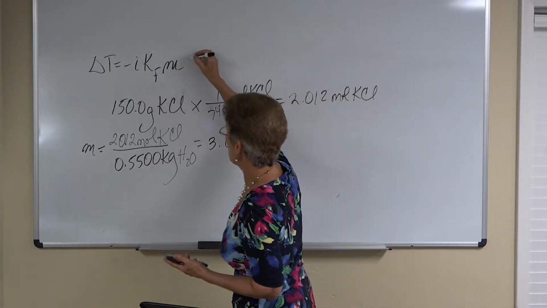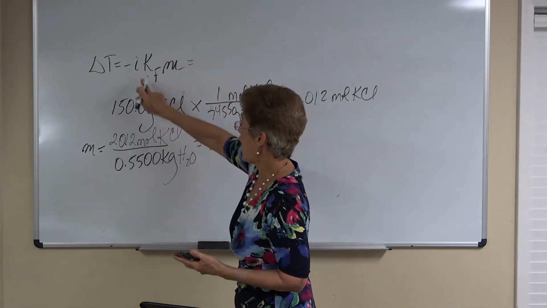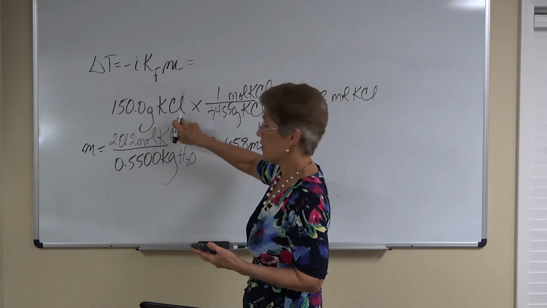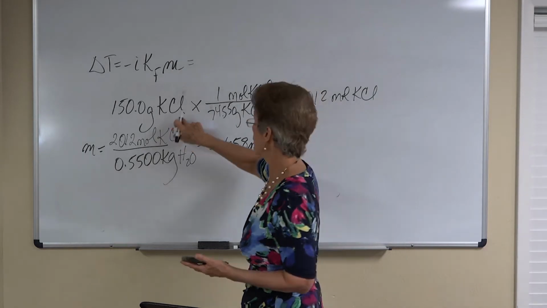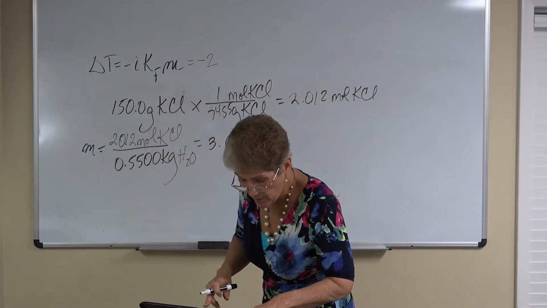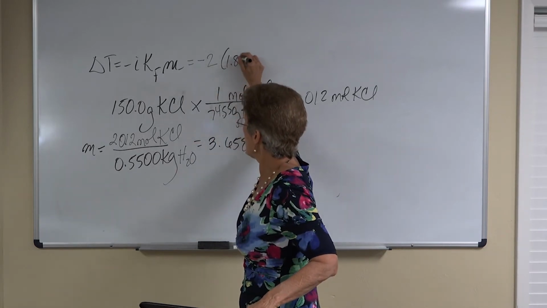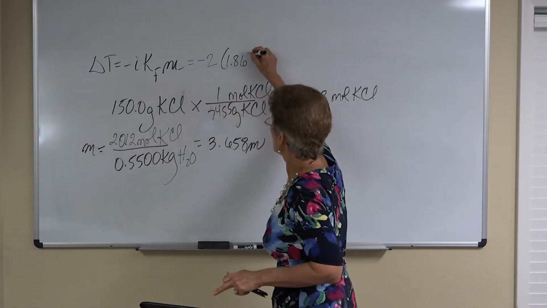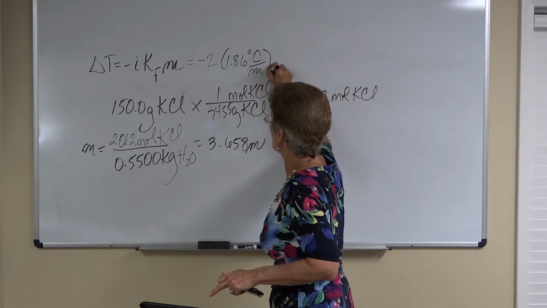So now I can come up here. i is going to be 2, because there's 2 ions that this will break into. So negative 2. Kf is given to us as 1.86 degrees Celsius per molal.